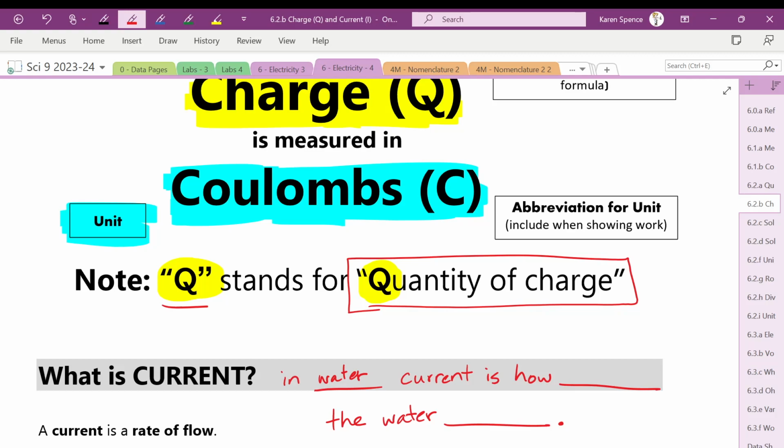So in water, current is how fast the water flows. So in other words, it is a rate of flow. So current is the rate of flow.